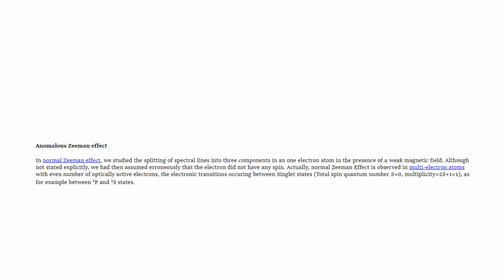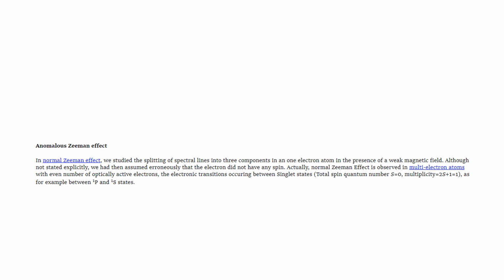In the normal Zeeman effect, we studied the splitting of spectral lines into three components in a one electron atom in the presence of a weak magnetic field. The electron did not have any spin in that case.